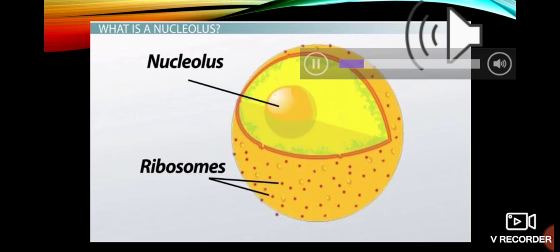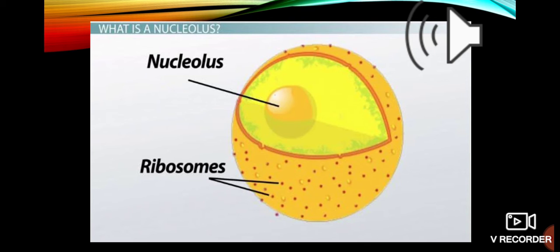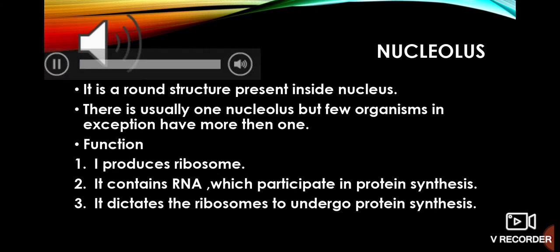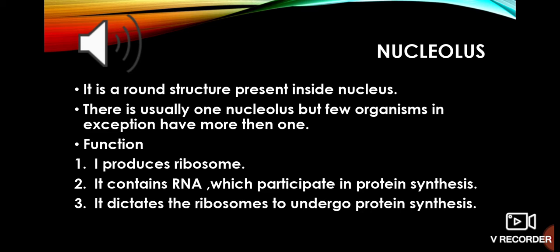The next organelle is the nucleolus. The nucleolus is a rounded structure present inside the nucleus. Usually one nucleolus is present inside the nucleus, but a few organisms as an exception have more than one. And what are the different functions of the nucleolus? As we talked about protein synthesis while studying ribosomes, ribosomes help in the formation of proteins.